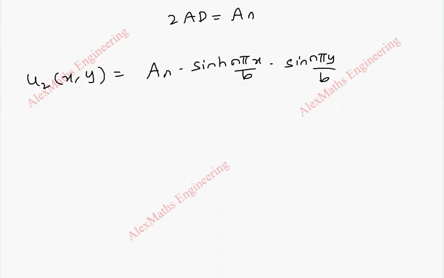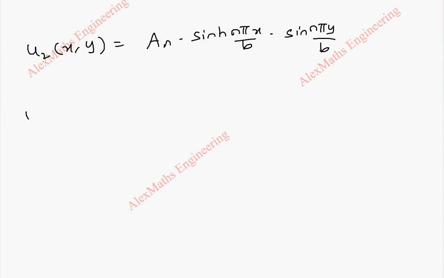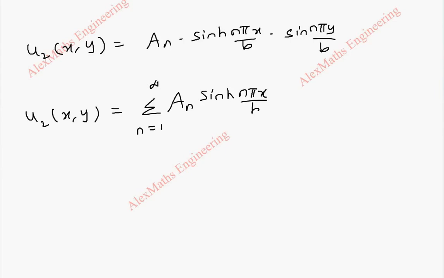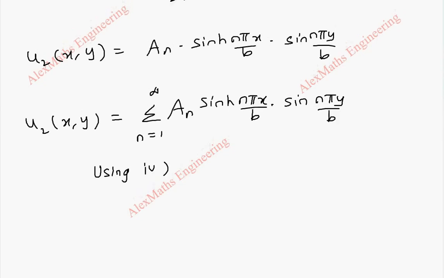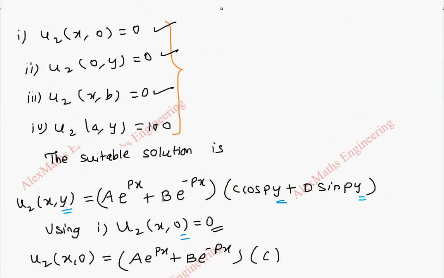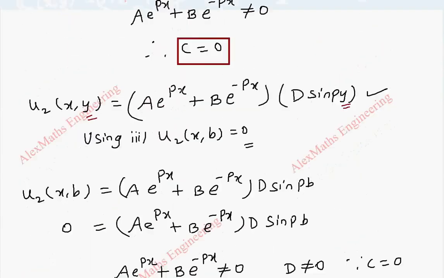Now we are going to take the general solution. In the general solution, we take summation n is from 1 to infinity, with all the terms An sinh n pi x by b into sin n pi y by b. Now we are going to use the last condition. The condition is u2 of a comma y is 100.